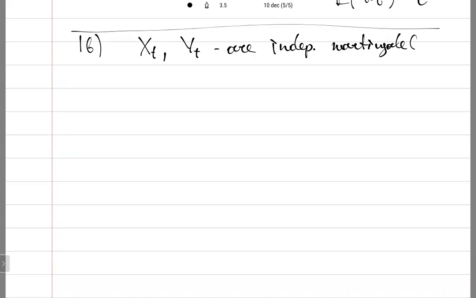But what if they are orthogonal? When both of them are independent, the product of two independent martingales should be, I think, I don't know.